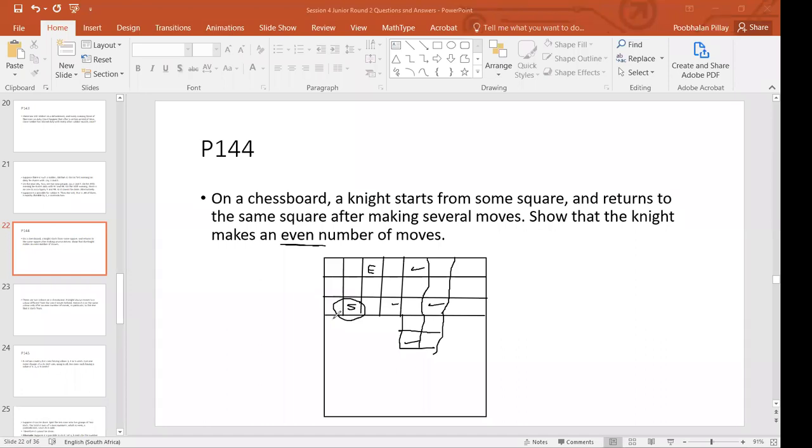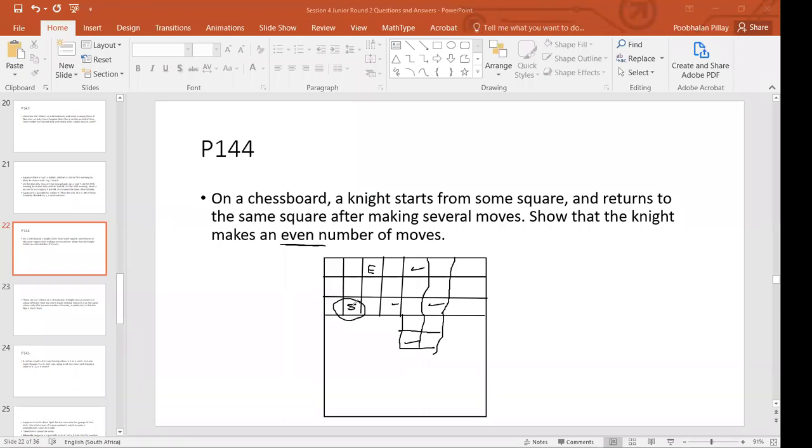Okay, anybody else now wants to try? Sir, Yes, Georgia? Is it even because he moves from a white square to a black square and then from white to black and then white, black, so it's even? Now we're getting somewhere. Prof, is it not because he moved from a white square to a white square and a black square to a black square? No, he moves from a white.